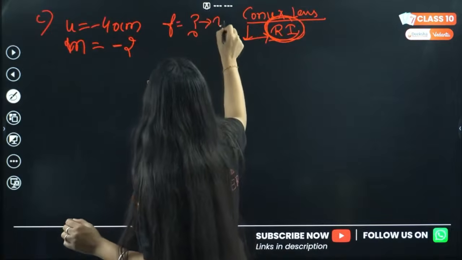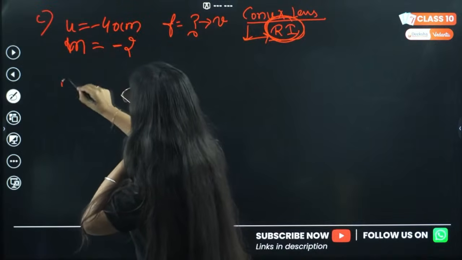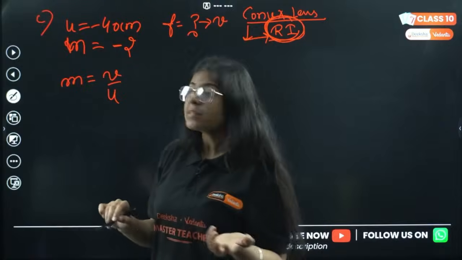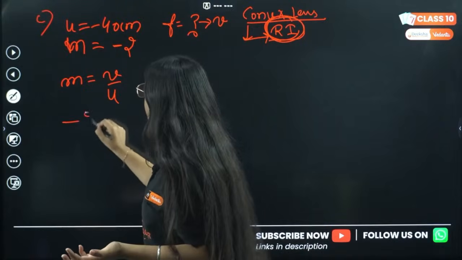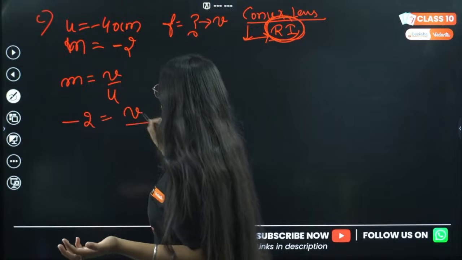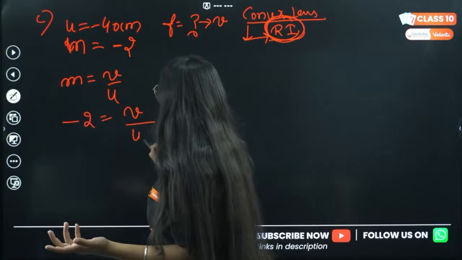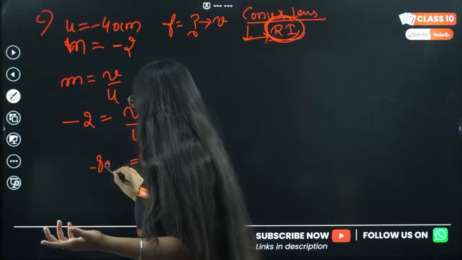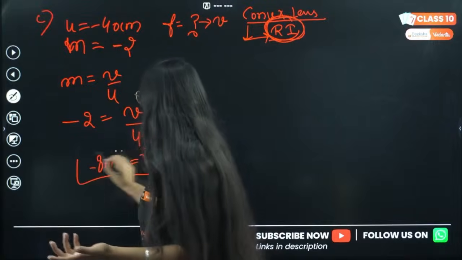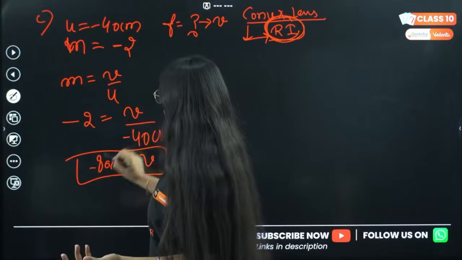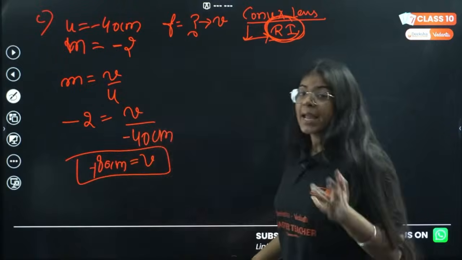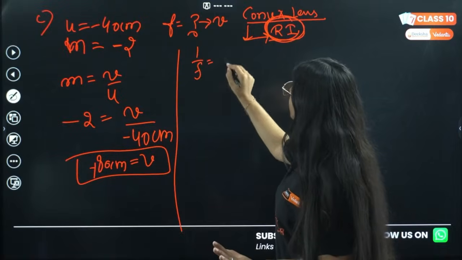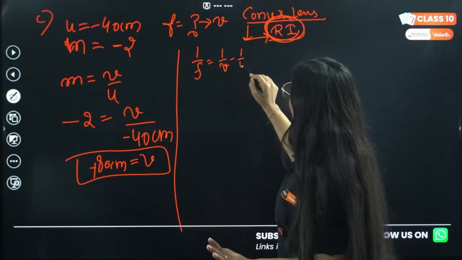For that we need v, and v we can find out from here. This is the formula of magnification for a lens, and this is minus 2. U is minus 40 centimeter, so v will be minus 80 centimeter. This is also minus, so this will cancel. So v will be 80 centimeter, and to find the focal length we can just use the lens formula: 1 by f equals 1 by v minus 1 by u.